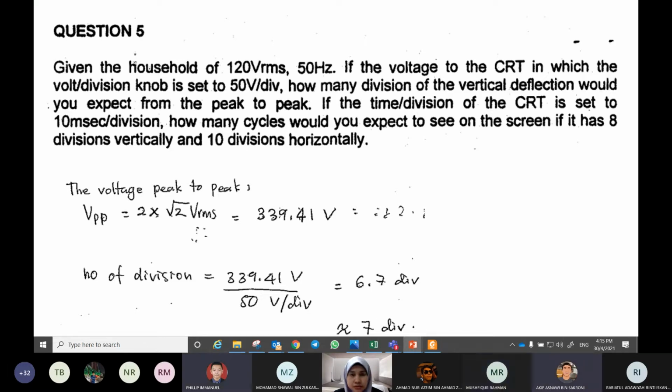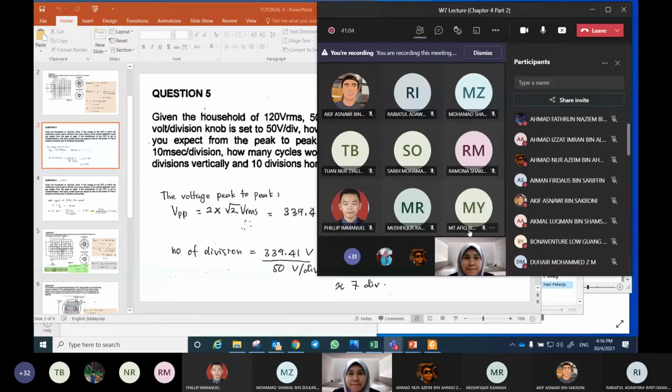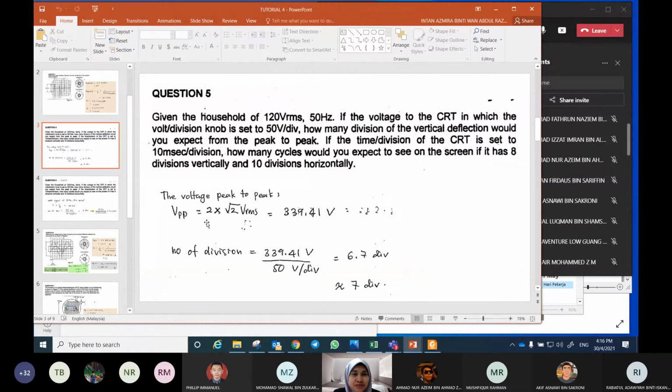No, doctor. Okay, and how did you get that set? It is based on the formula. The formula is V peak is equal to root 2 times V RMS, right?